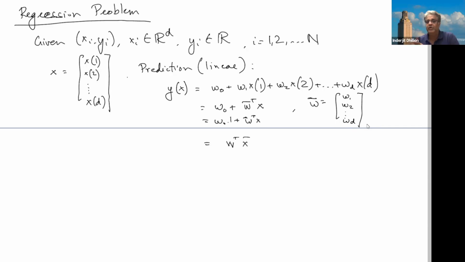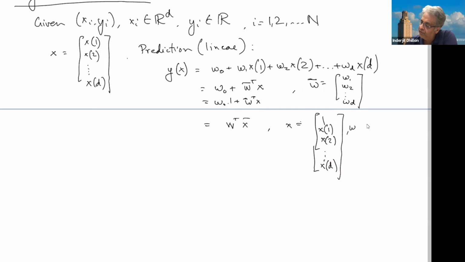So I can basically form one bigger dimensional vector X bar, whose first component is going to be 1, and the rest of the components are going to be as they were before. So X1, X2, up to XD.